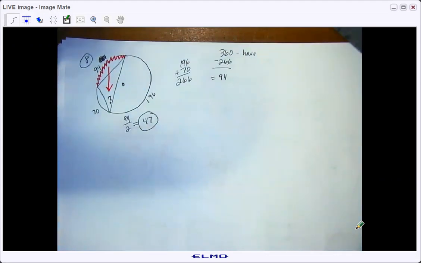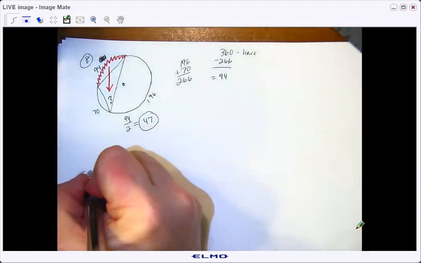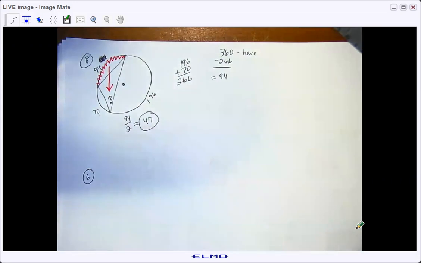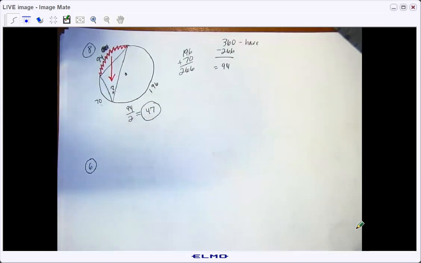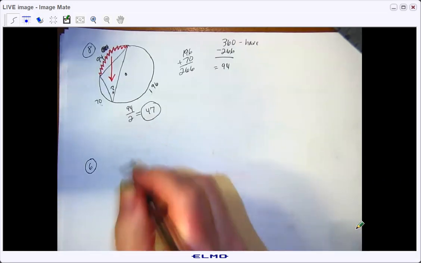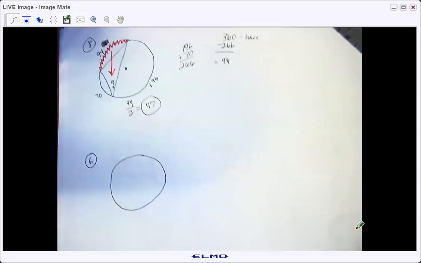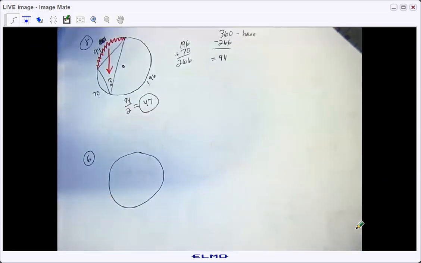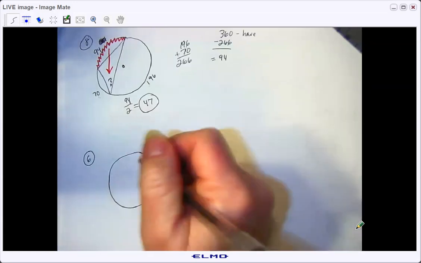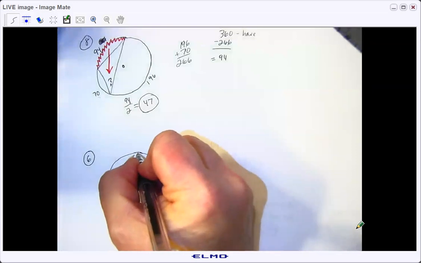Okay. So number six is pretty straightforward for what they ask for, but I'm going to use it as an example to show you different things. So let's do number 6, and then I'm going to expand it. So it does have a diameter.